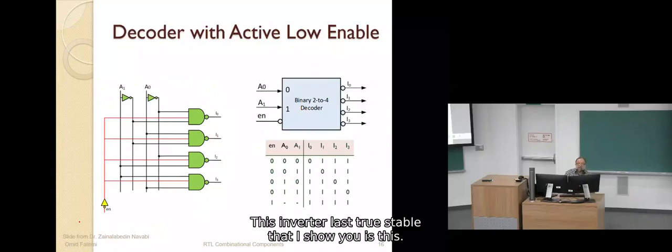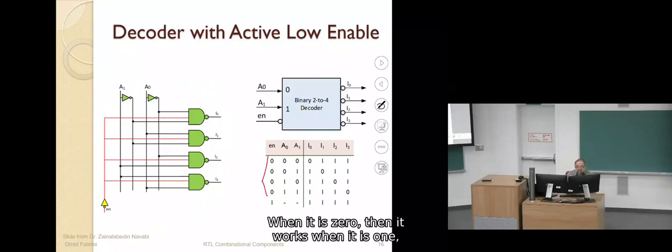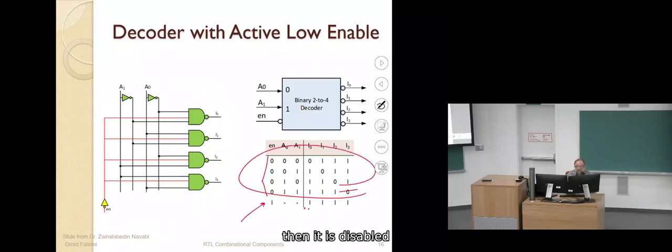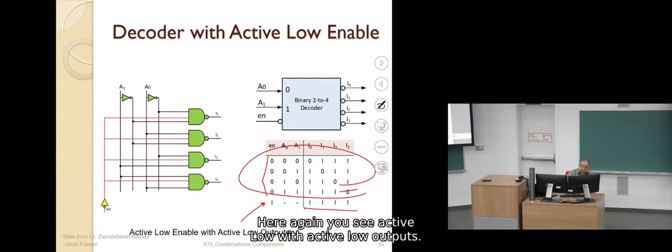The last truth table that I showed you is this. When it is 0, then it works. When it is 1, then it is disabled and it doesn't work. The output is 1. And so here, again, you see active low enable with active low outputs.